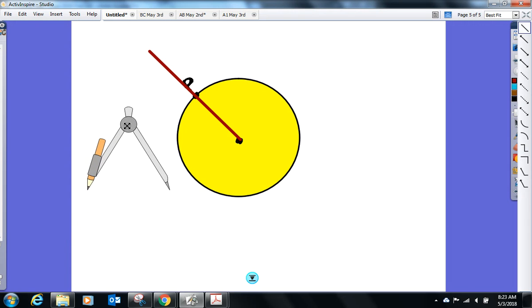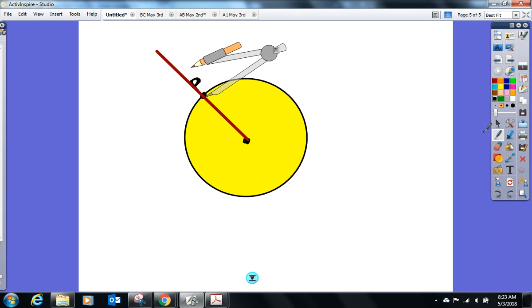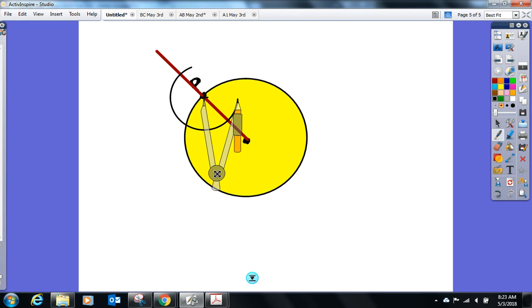Where's my compass go first, everyone? On P. And what's your goal? Make an arc that intersects your extended radius in two spots. All right, there it is, intersects in two spots. From here, where's my compass go?